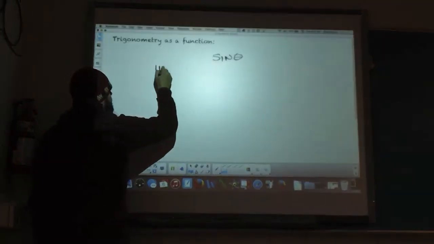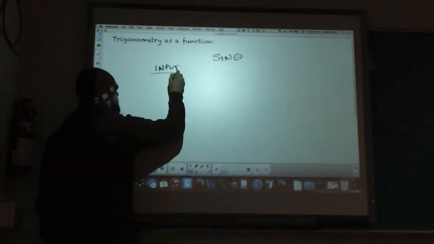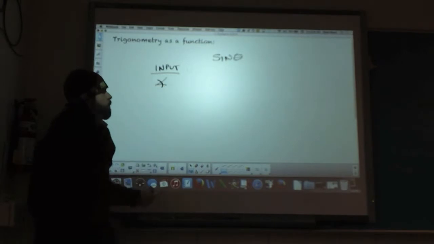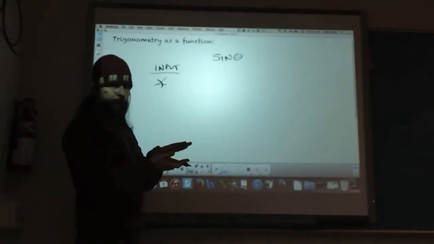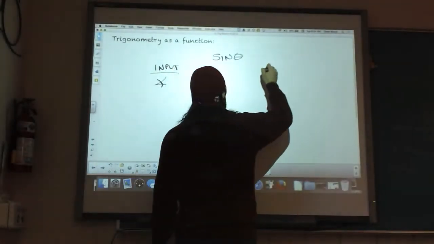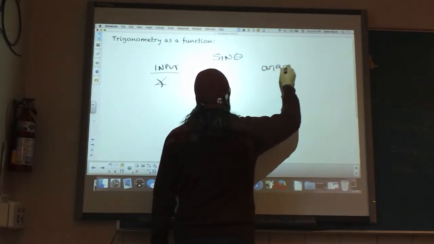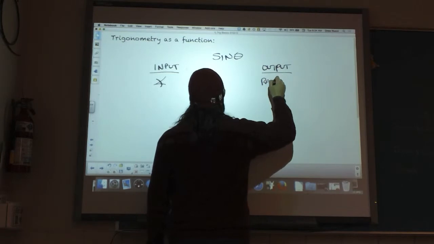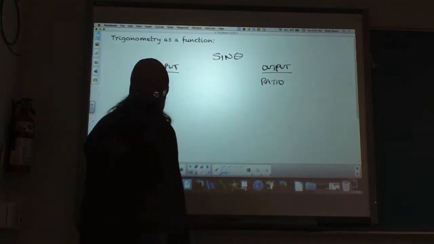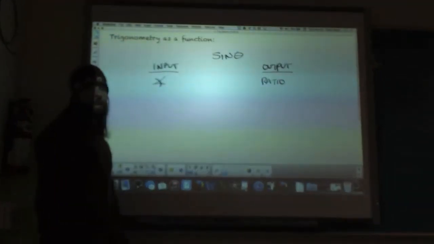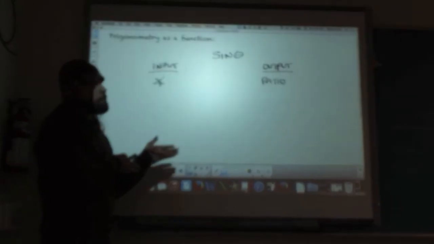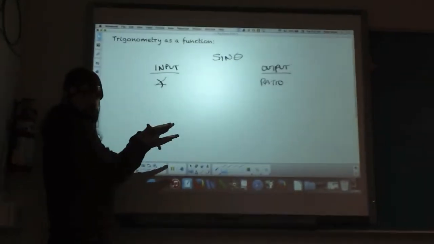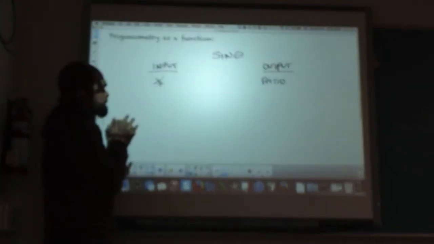Well, the input to this function is the angle, and what it gives me out is the ratio that goes with that angle. And so the ratio depends on the angle. So we put an angle into sine, so we do the sine of 20 degrees, for example, and that points to a certain triangle that has certain ratios of the sides.